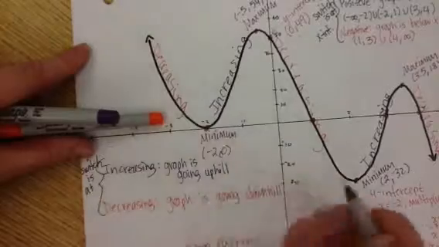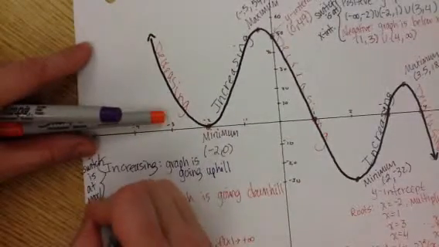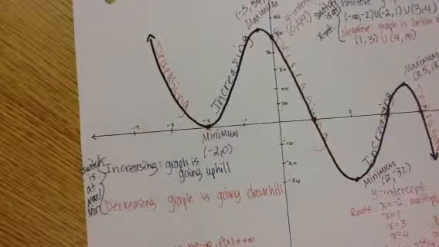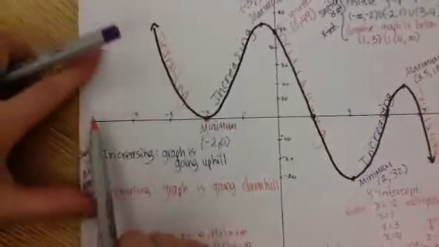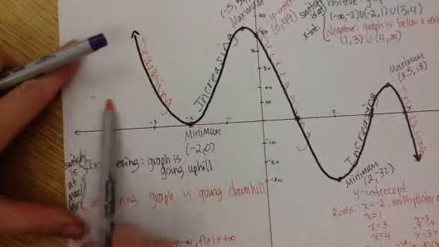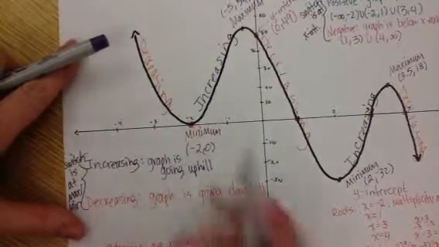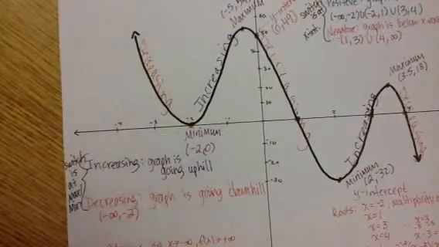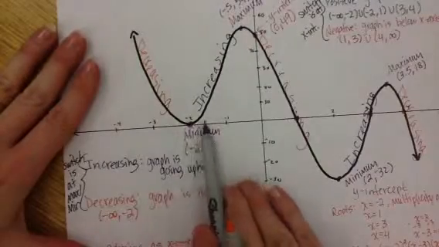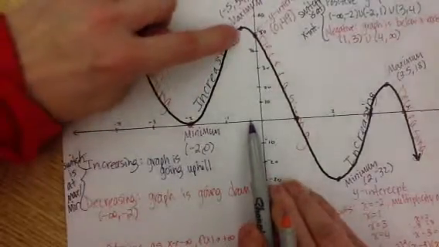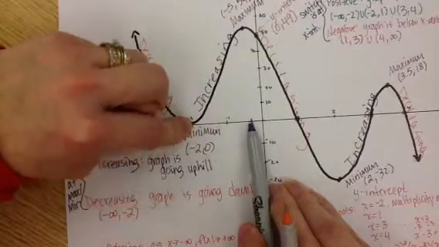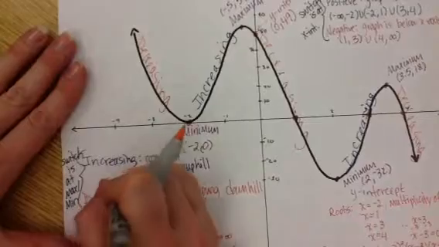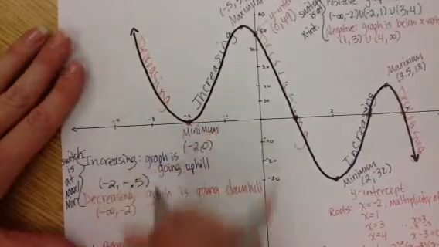So the switch here is at anytime you have a max or a min. So again, we will give our intervals as x values. So it's decreasing from negative infinity up until the x value of -2. So negative infinity to -2. And then it begins increasing. It increases from -2 until it turns around right here. So from -2 to -0.5 was our estimate. So it's increasing from -2 to -0.5.